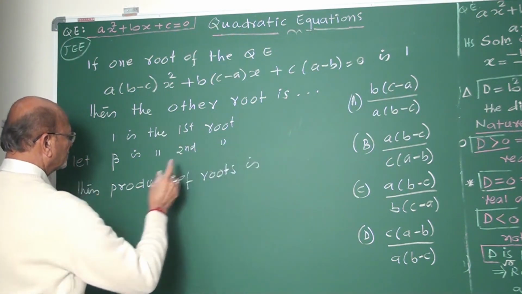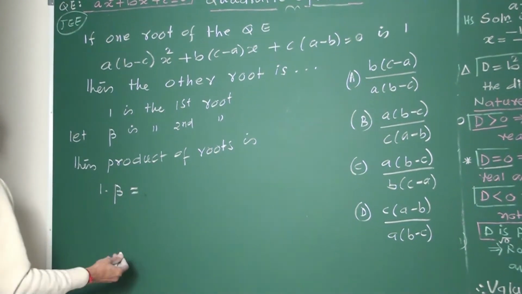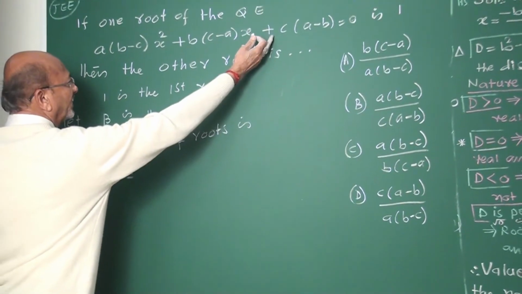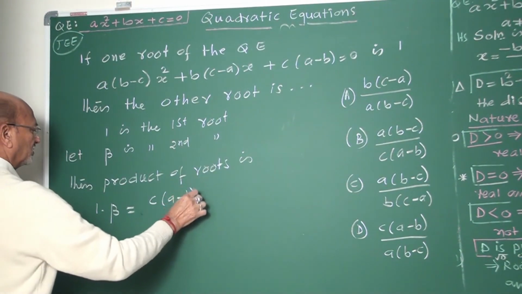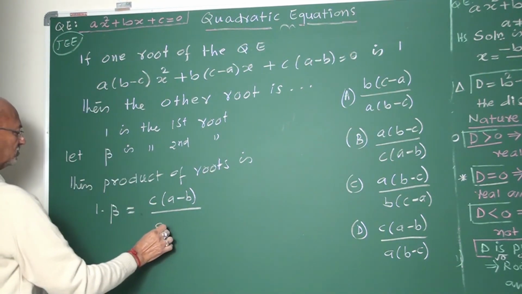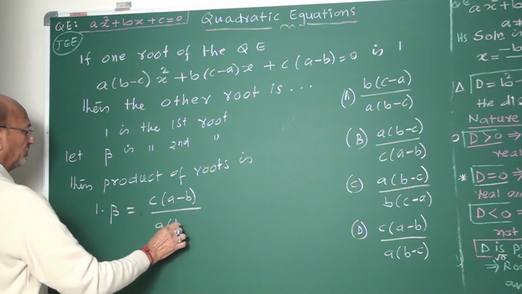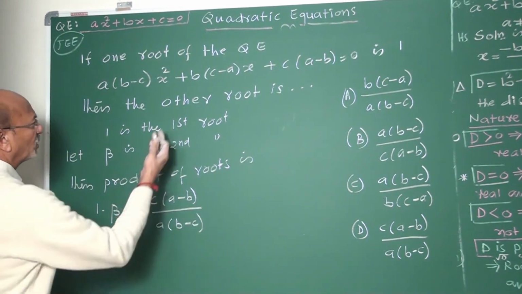The product of the roots is 1 into beta equal to c by a. What is c by a? This constant c into a minus b, upon coefficient of x square, a into b minus c. Beta is the other root.